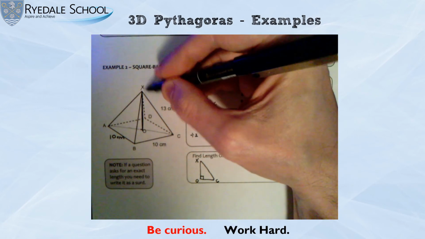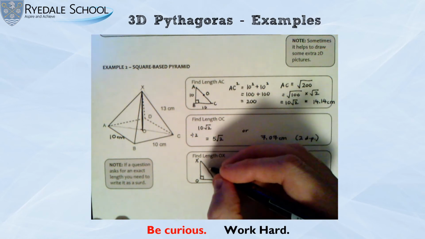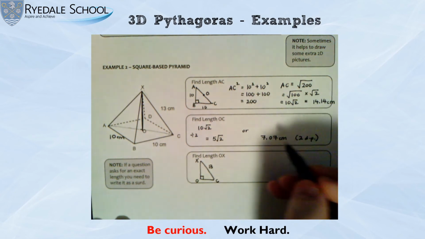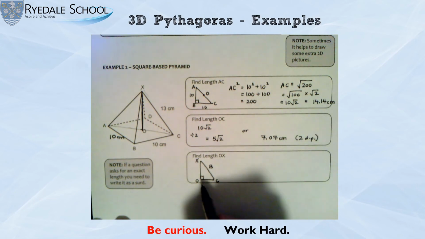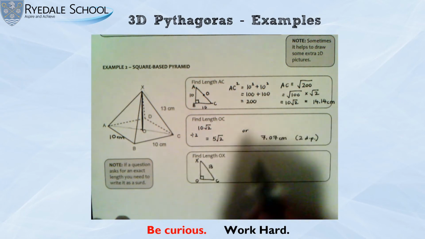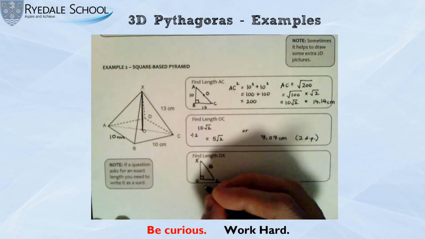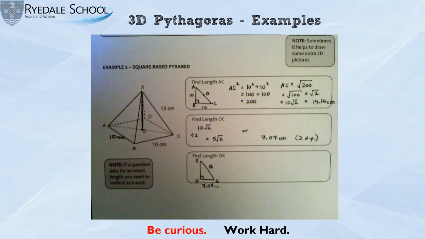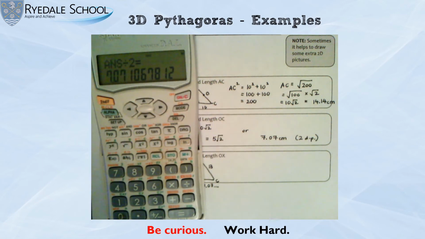We already know that the length of XC is 13. And we already know that the length of OC is this number here, 5 root 2, or 7.07. I'll write 7.07 with dots, because I know it wasn't 7.07 exactly. It was this lovely number, if you remember.